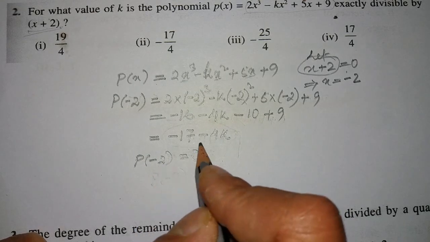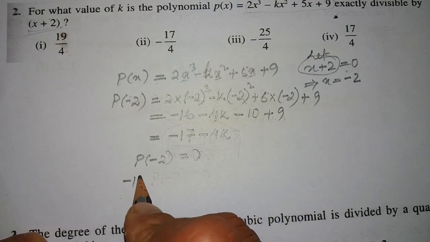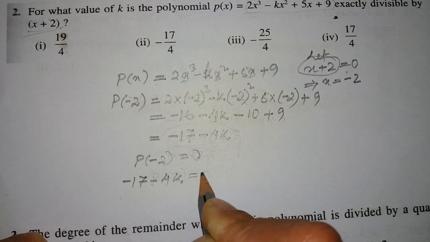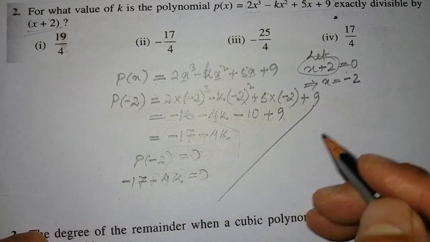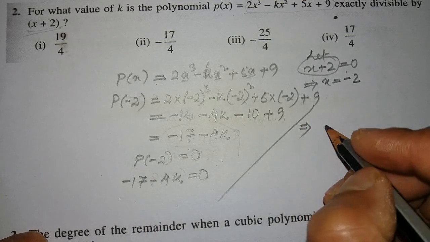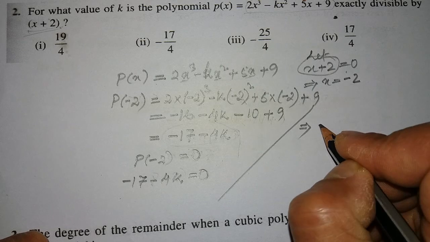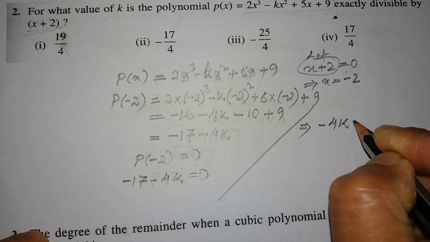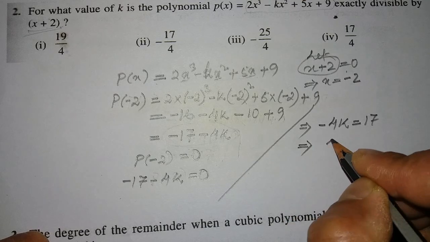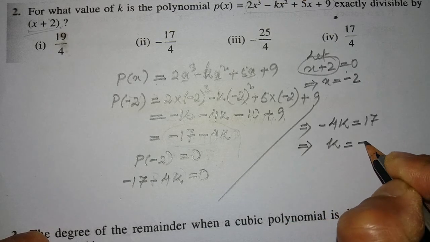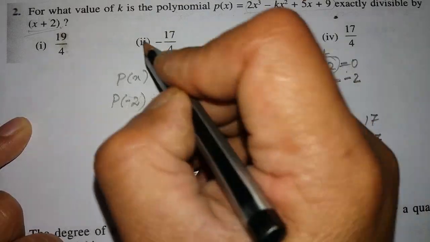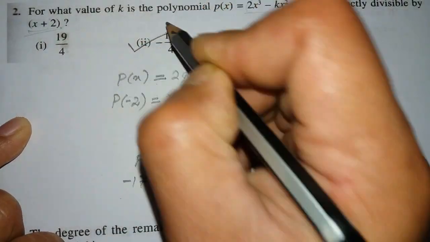So minus 17 minus 4k is equal to 0. Now let's transpose the minus 17 to the other side, so we get minus 4k is equal to 17. Now this gives us k equal to minus 17 by 4. So our right answer is minus 17 by 4, option number 2.